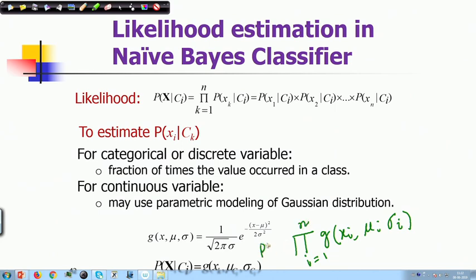So, this is the probability of this n dimensional feature given the class C i. This is how it should be written. There is some problem with this particular expression.